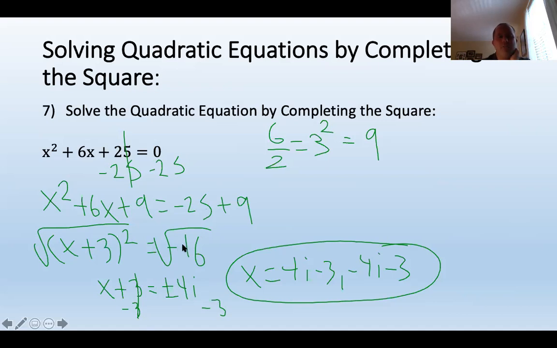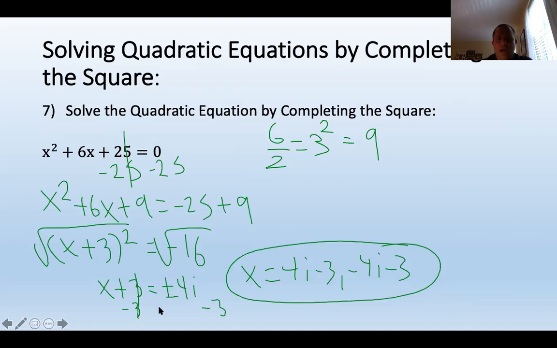And then to solve this, this allows us to cancel our square out by square rooting each side. And so you're left with x plus 3 equals the square root of negative 16, which in terms of i would be 4i. So you'd have plus or minus 4i. Now we have to get x by itself, so we have to cancel out the 3.